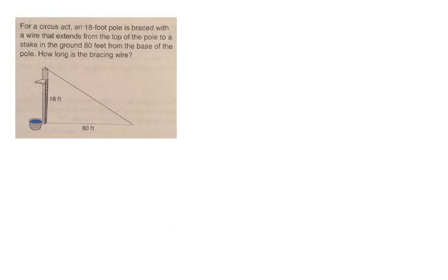Let's say that you get a word problem like this on the GED. So it says, for a circus act, an 18-foot pole is braced with a wire that extends from the top of the pole to a stake in the ground, 80 feet from the base of the pole. How long is the bracing wire? So they want to know how long that bracing wire is, or basically how long this side is.